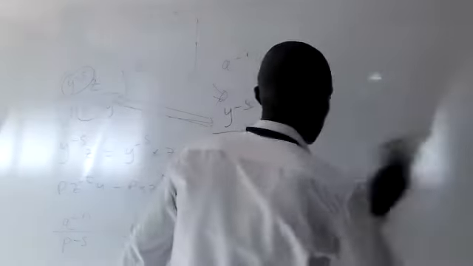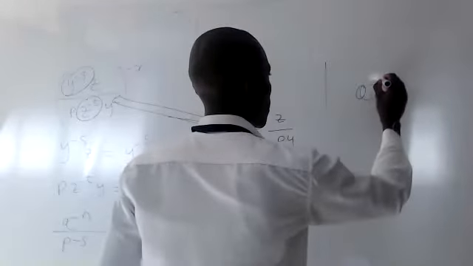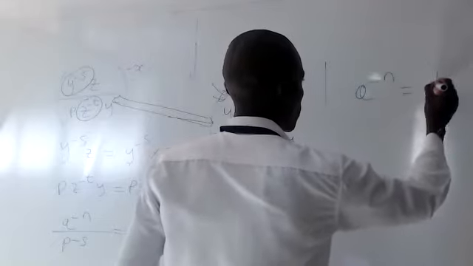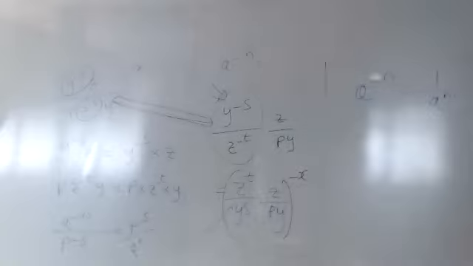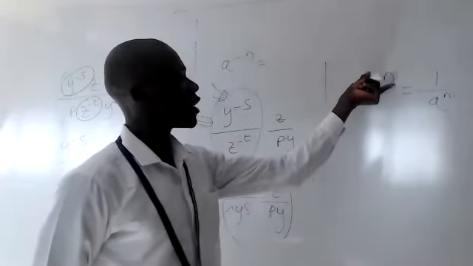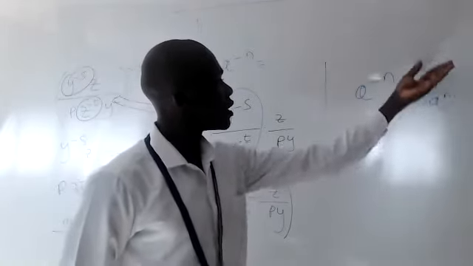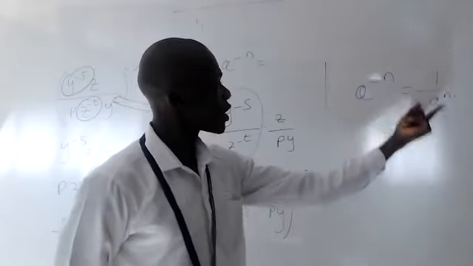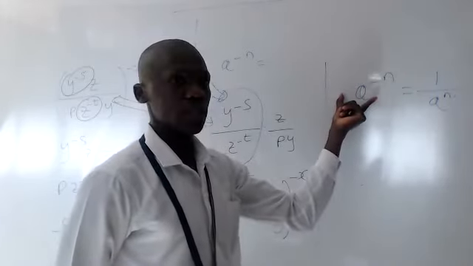In this case, the rule that you need to apply is this definition. If you have a raised to minus n, this is the same as 1 divided by a raised to n, which simply tells you that if a number is raised to a negative exponent, it is the same as having this as a fraction, but now in the denominator, you change the sign of this exponent.